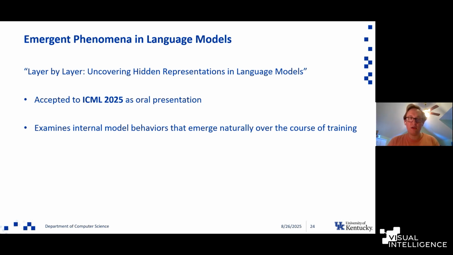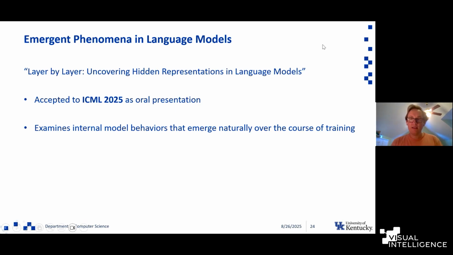This was just published at ICML 2025 as an oral presentation. The one-line takeaway of this paper is that we're examining internal model behaviors that emerge naturally over the course of training. So not necessarily looking at emergent capabilities, but emergent training dynamics and what is going on inside the model without us explicitly telling it to happen.